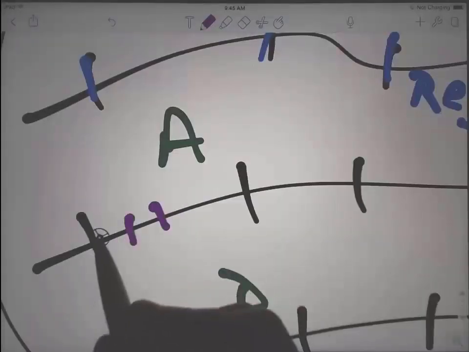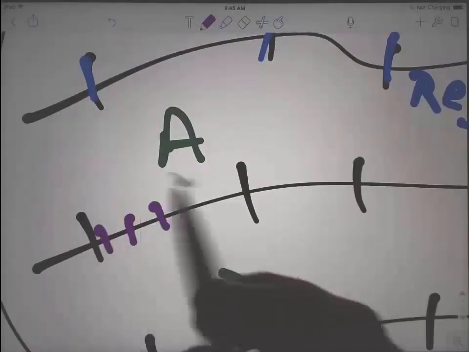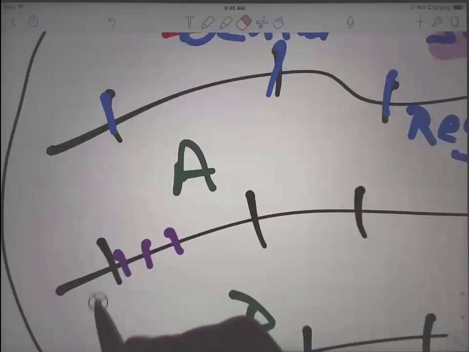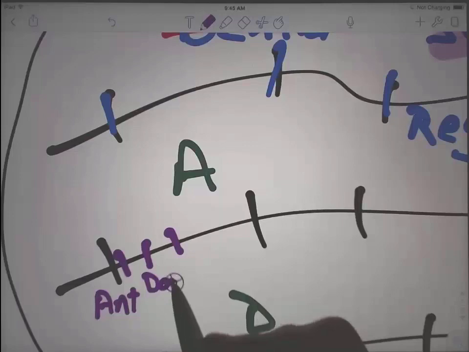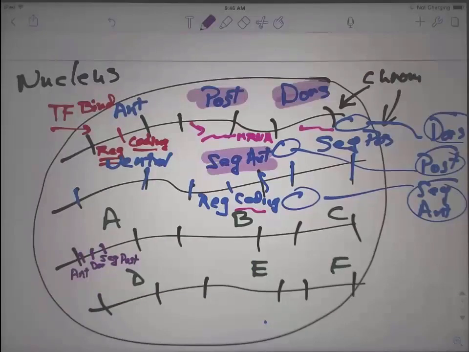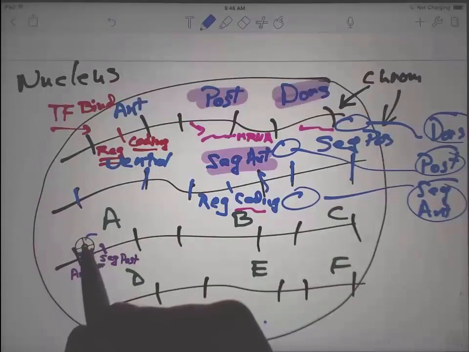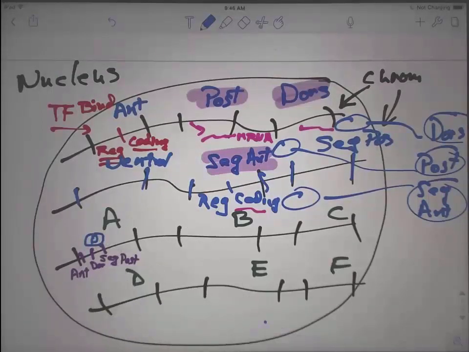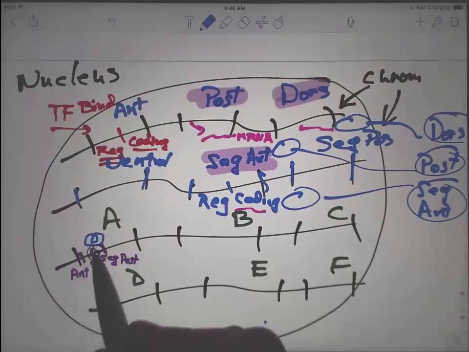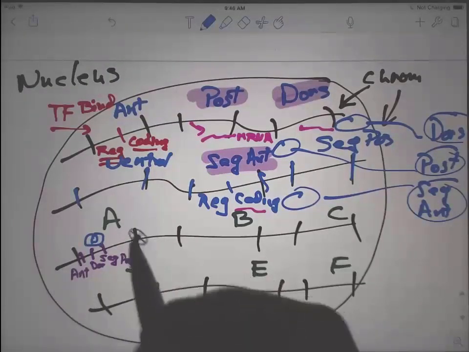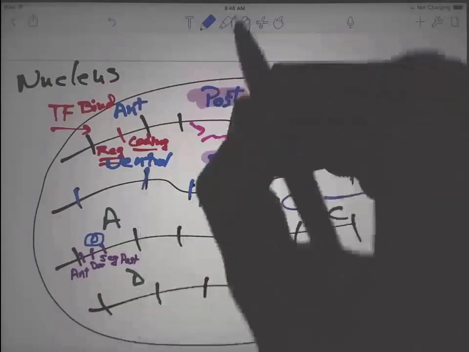So let's say this one has regulatory regions for anterior, dorsal, and segment posterior. Okay, the proteins that we have include dorsal and segment anterior, which can't bind, and posterior, which can't bind. So we have no gene A expressed.